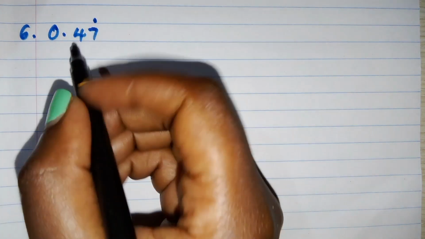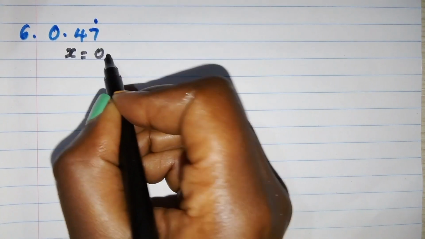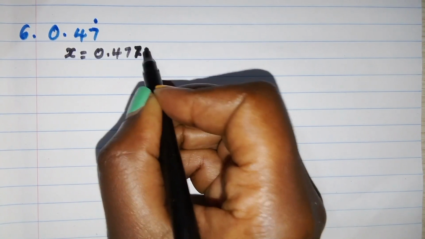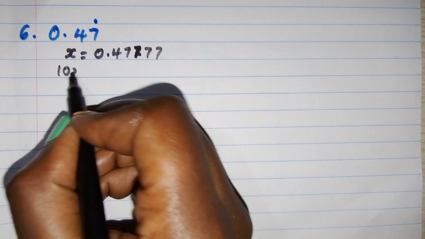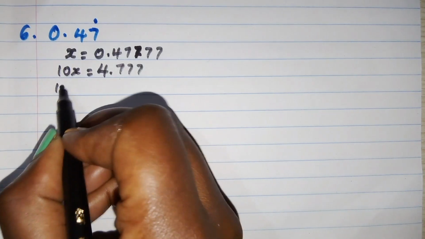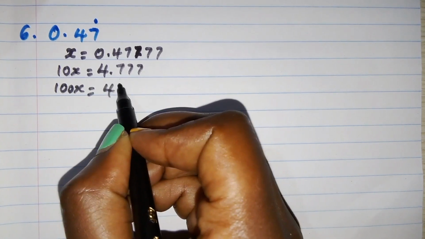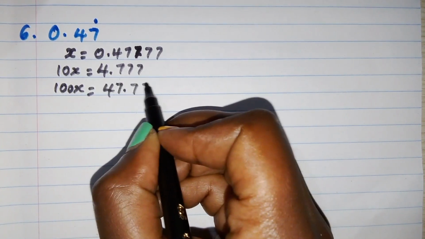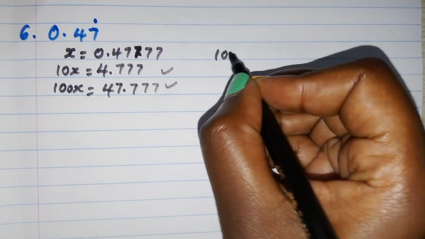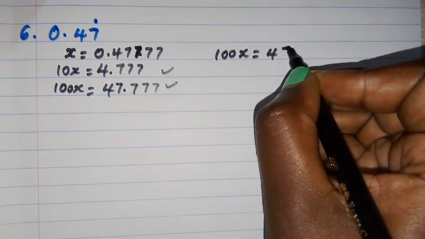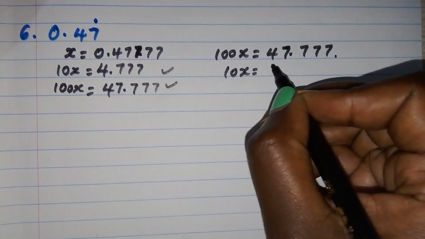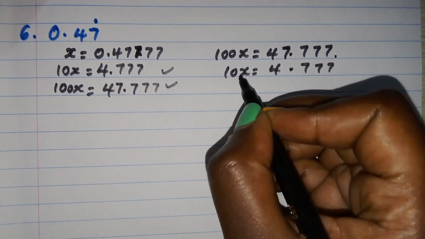So 7 is recurring, so x is the same as 0.47, and only 7 is recurring, so 7, 7, 7. 10x would be 4.777. 100x would be 47.777. So we can use these two, 10x and 100x. 100x equals 47.777. 10x equals 4.777.